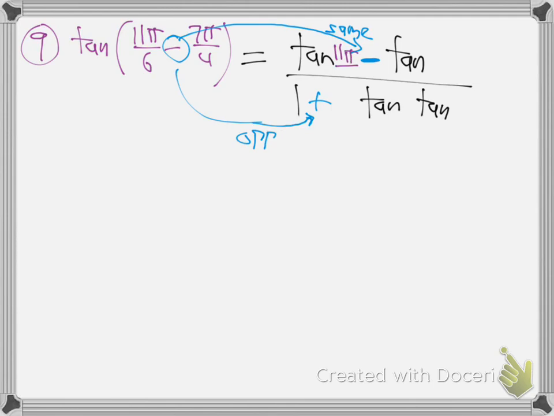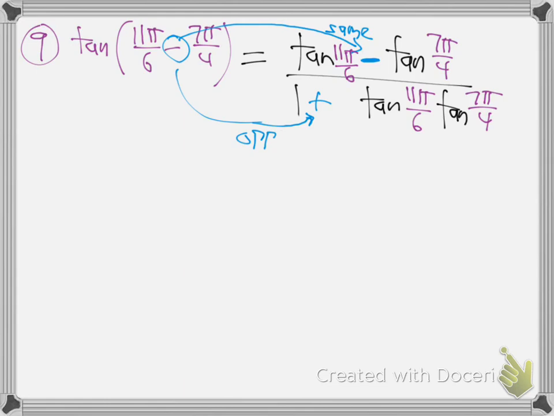So tangent of 11 pi over 6, tangent of 7 pi over 4. So I put all those in there. And now we just got to find all those values on the unit circle.